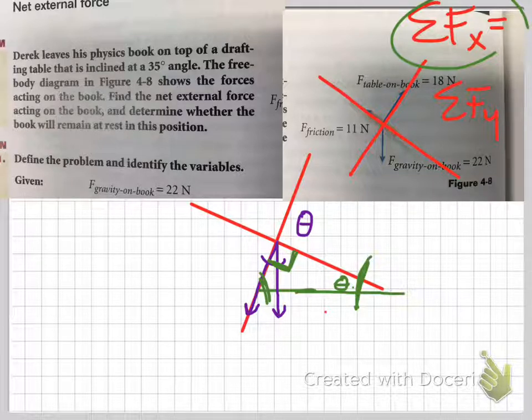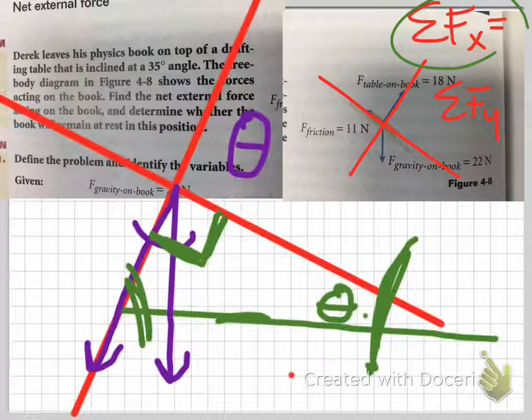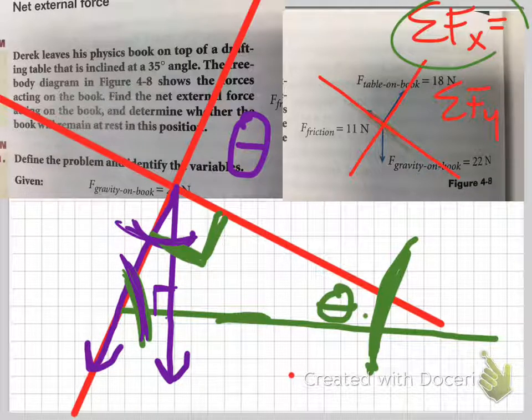Now, let me blow this up. If this angle and this angle equal 90, can we agree that that's a 90? Yes. Therefore, do this angle and this angle equal that 90?